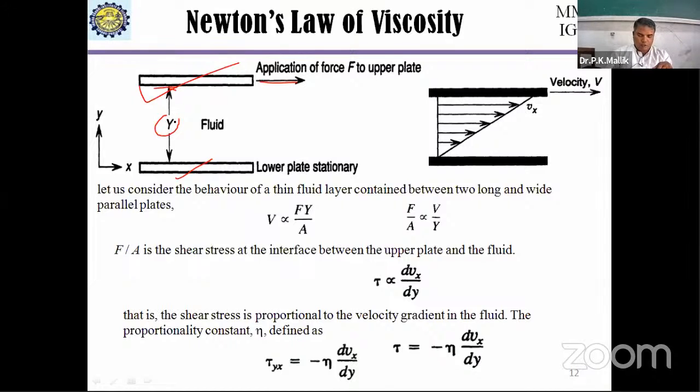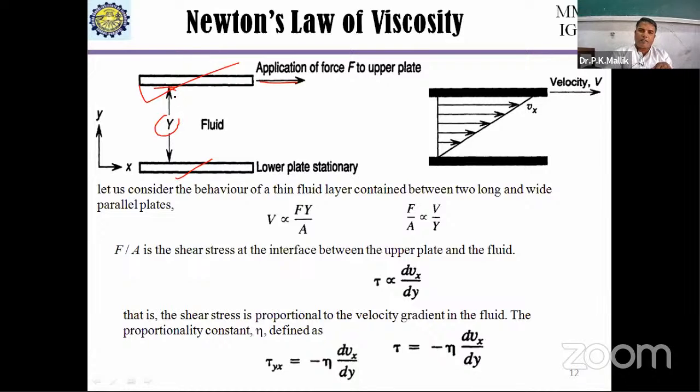When a force of constant magnitude F is applied to the upper plate in the x direction, the upper plate begins to accelerate in the x direction. The movement of the upper plate sets up a shear stress between the plate and the fluid, which opposes the motion of the plate.